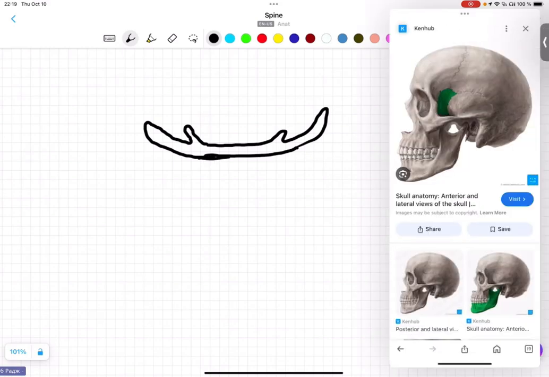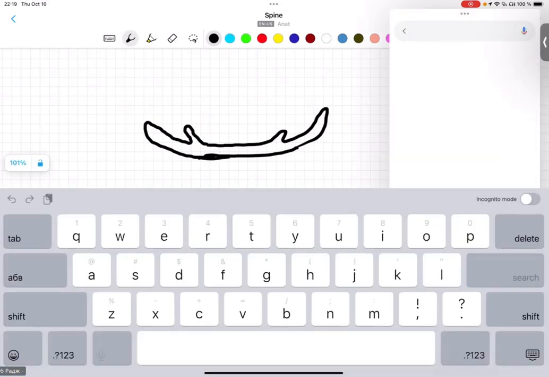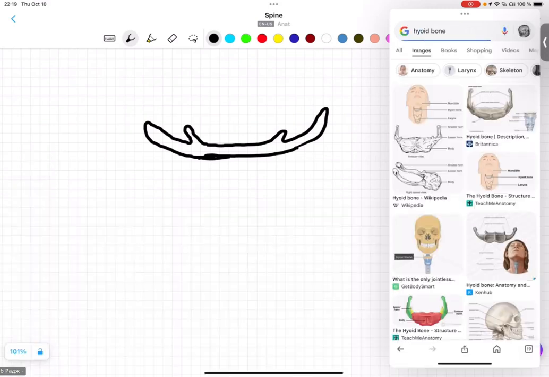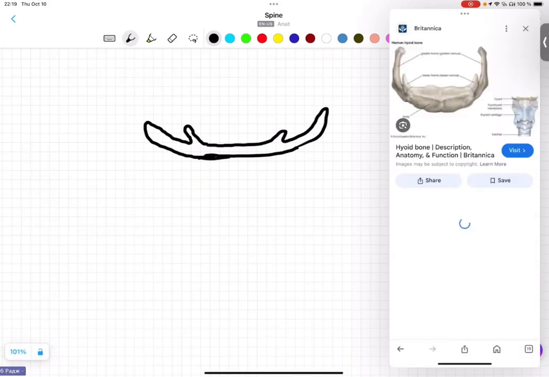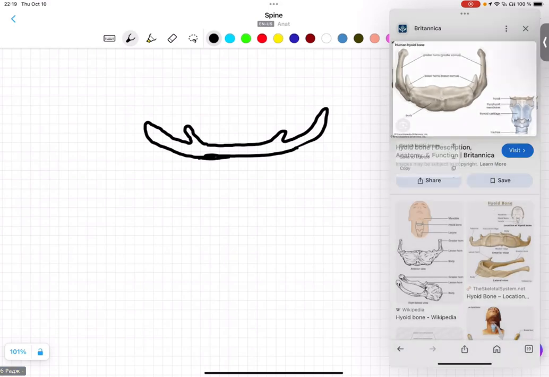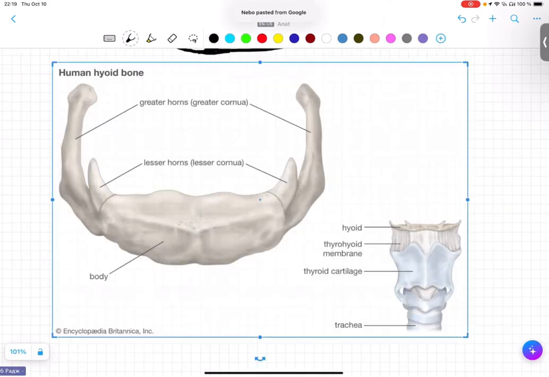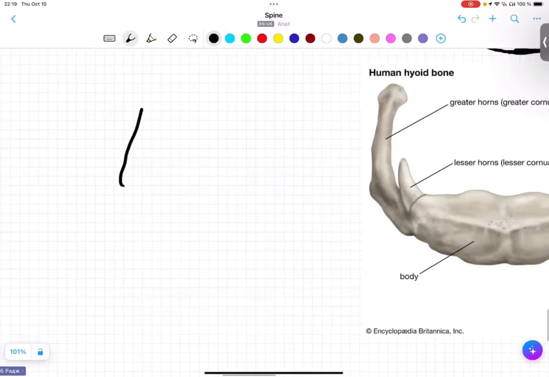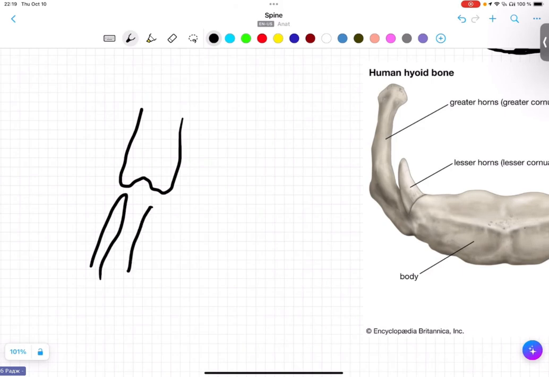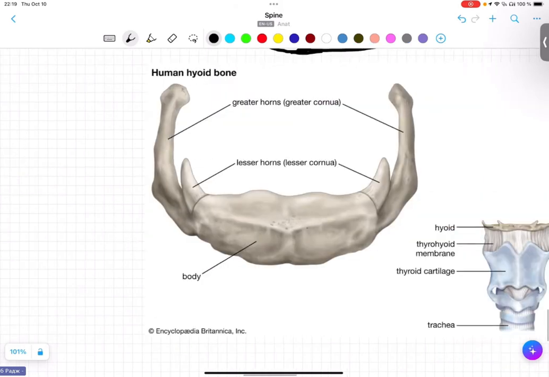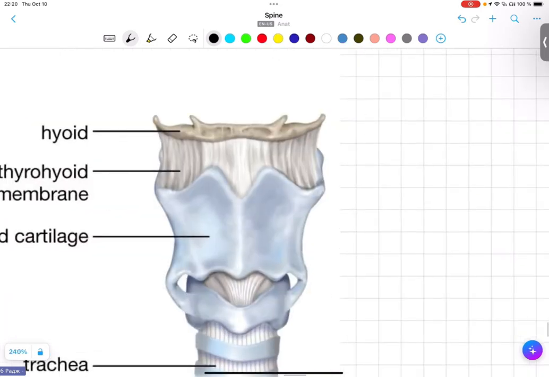If I show you the actual image, hyoid, this is the only bone of the entire body which does not articulate with any other bone. Usually, if this is your humerus, your radius will attach to it, your ulna will attach to it. But hyoid is the only bone in your entire body which will not articulate with any other bone. It just stays there with the help of certain membranes and certain muscles.